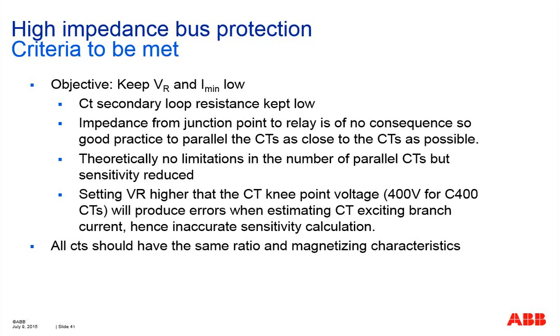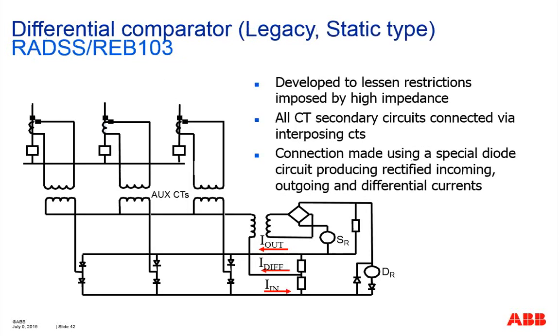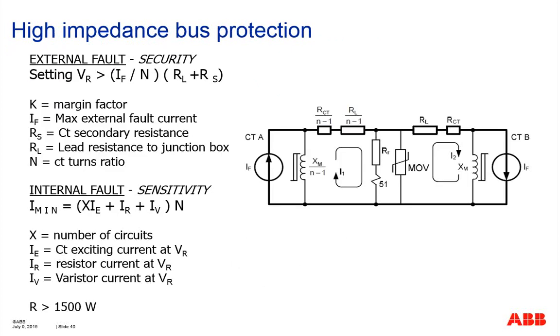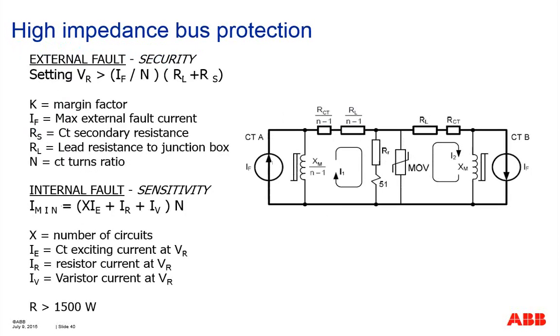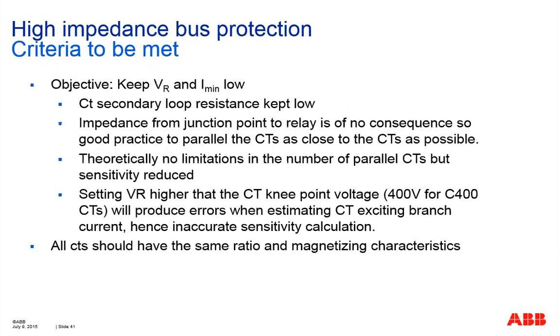It indicated that if you set VR higher than the CT midpoint voltage, for example, if you have a C400 CT and you set your VR higher than 400 and use that value to calculate the sensitivity, then you will introduce error in your final IMU calculation. Basically, the IMU you calculate from using the curve will not be accurate anymore.